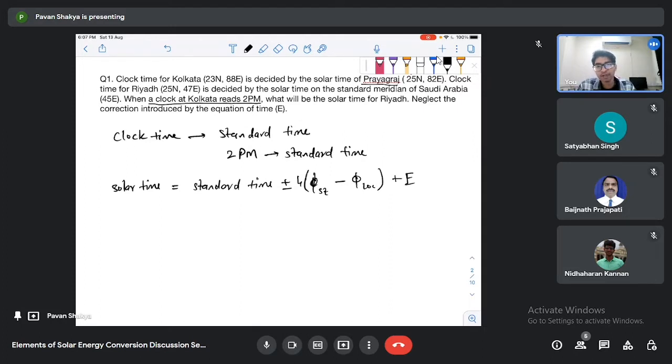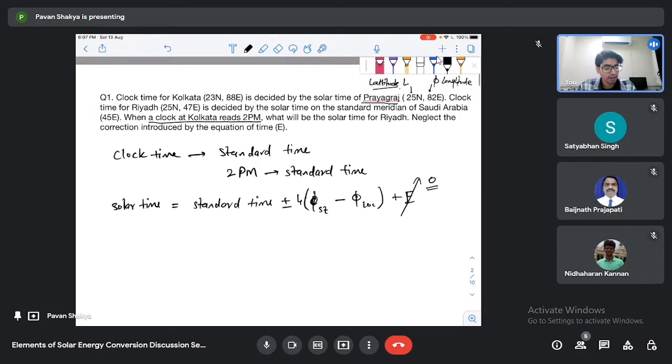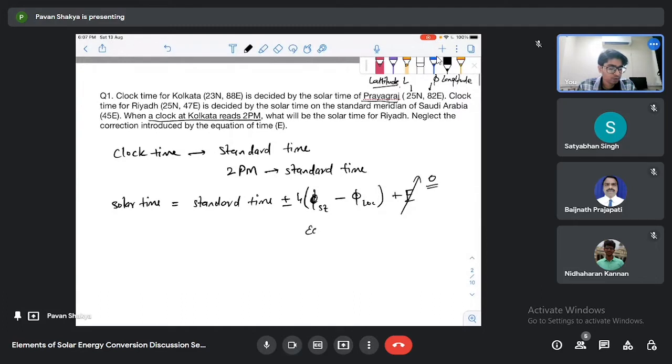In the problem it is given that we can neglect this, so it will be 0. In this formula I also discussed that the plus or minus sign is negative for the eastern hemisphere, whereas for the western hemisphere it will be positive.